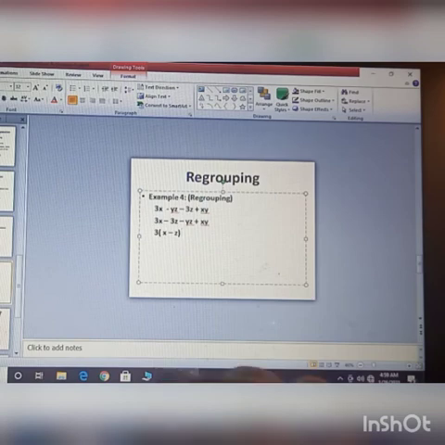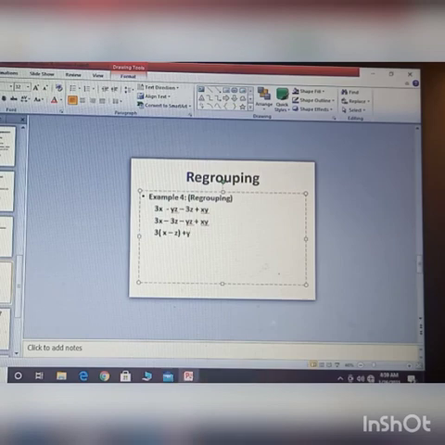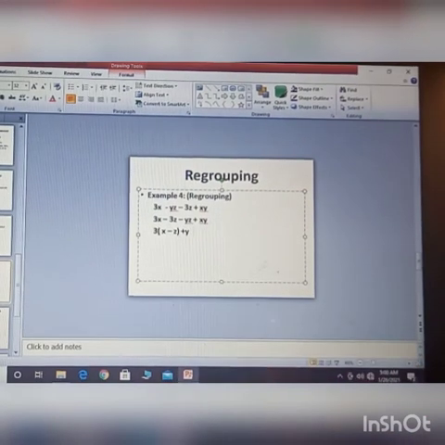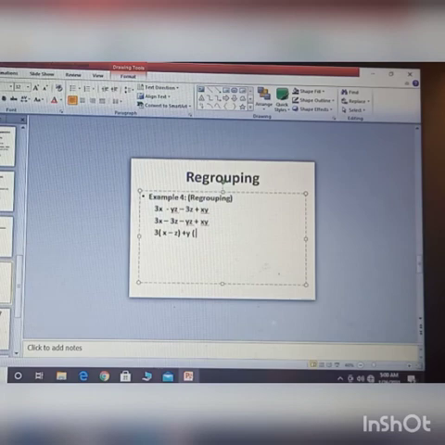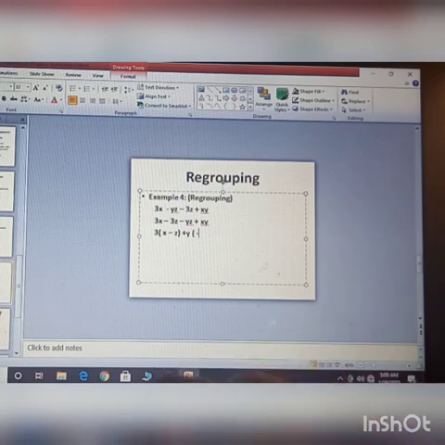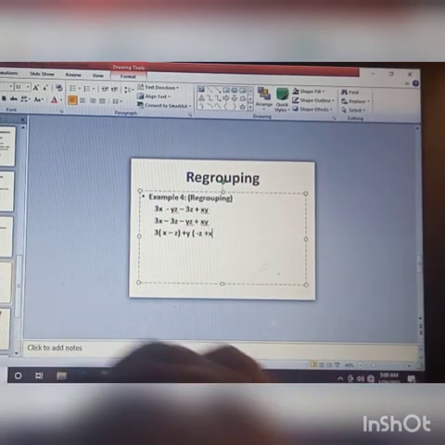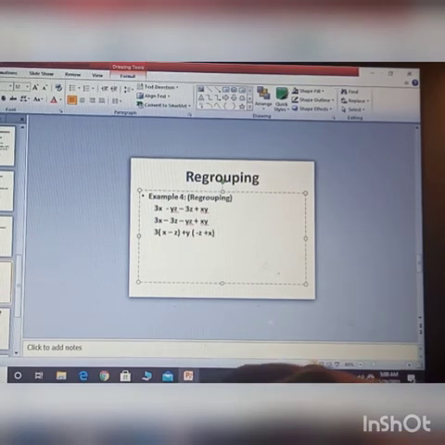So I will take plus y common out, and what's remaining in this term, minus z is left, and in this second term x is left, plus x is left, close the bracket.